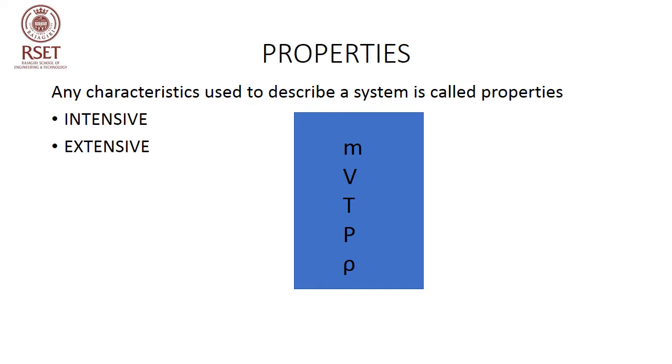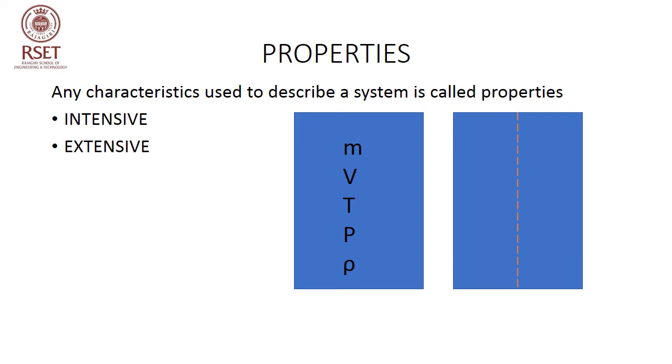If you take a system whose values of mass, volume, temperature, pressure and density are m, V, T, P and rho, and if you take the same system and divide it into half, you can see the mass will become 0.5 times m, volume will become 0.5 times V, but temperature remains the same for individual systems, pressure remains the same, and density remains the same.